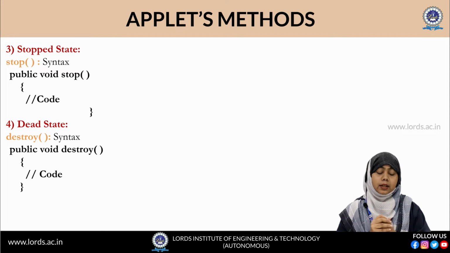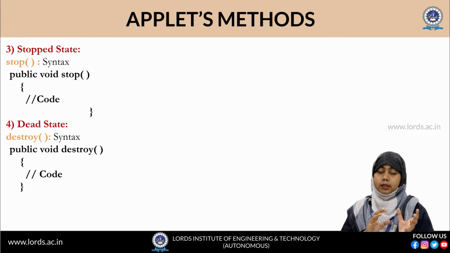And the last state is the destroy method. The stop method also works when the user is minimizing the window, not only when moving from one tab to another. That time also the stop method will work.